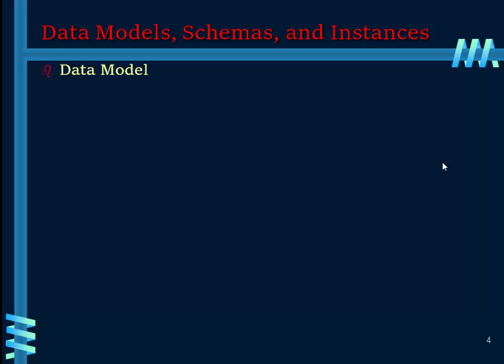As we know, one of the fundamental characteristics of the database approach is that it must provide a level of abstraction. We already know the meaning of data abstraction. Here, data abstraction is the suppression of details.